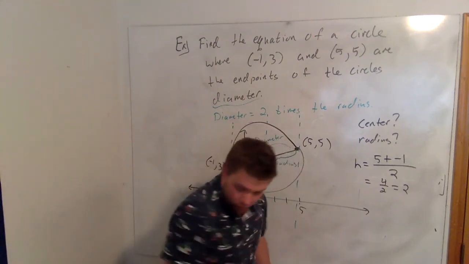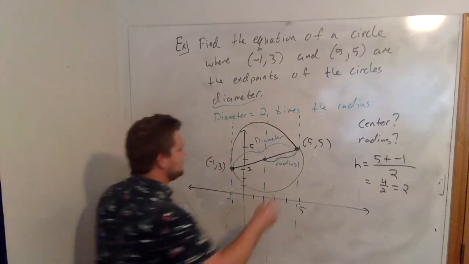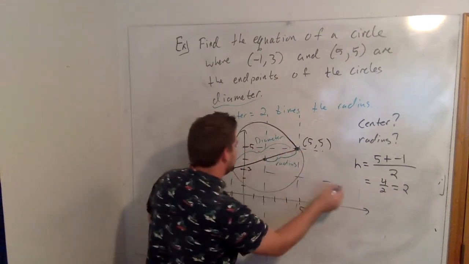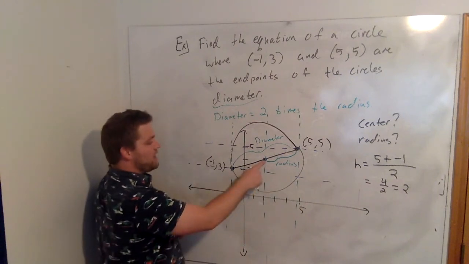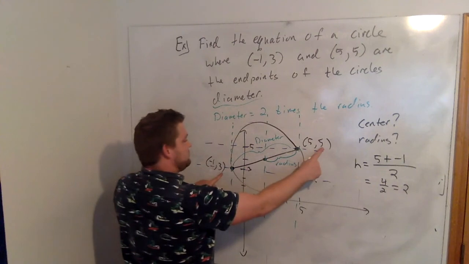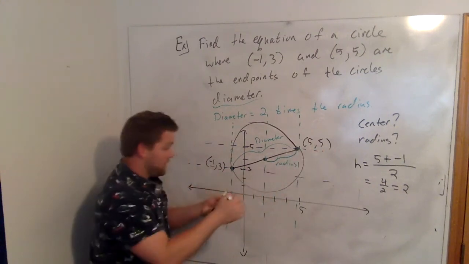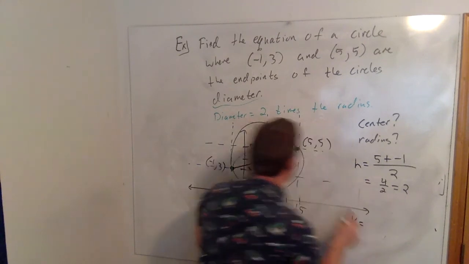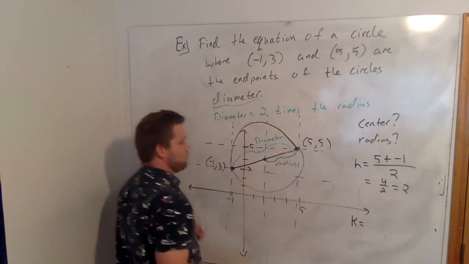And similarly for the y-coordinate, if I draw this line here and this line here, it's reasonable to think that the y-coordinate for the center will live halfway in between these two y-coordinates. So to figure out what the k should be, we could take the average of the two y-coordinates.